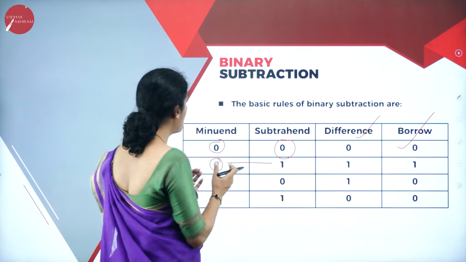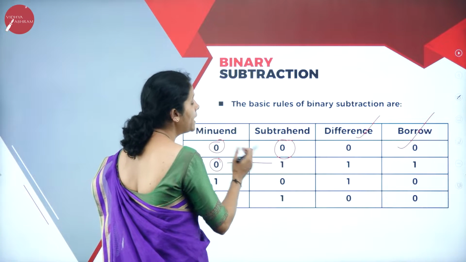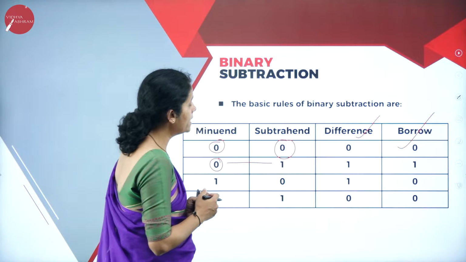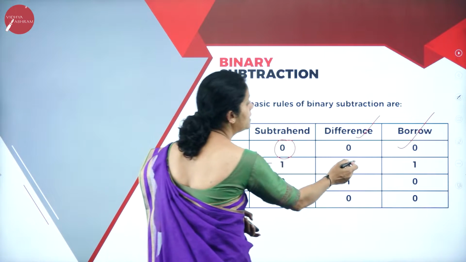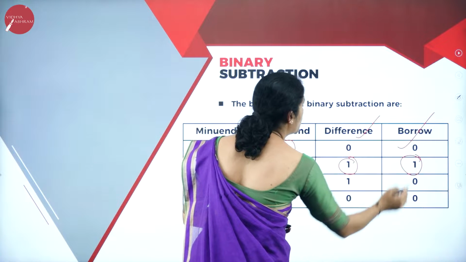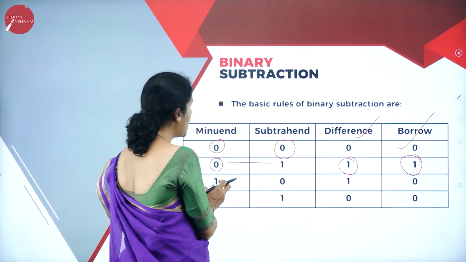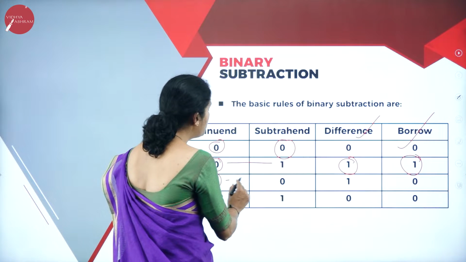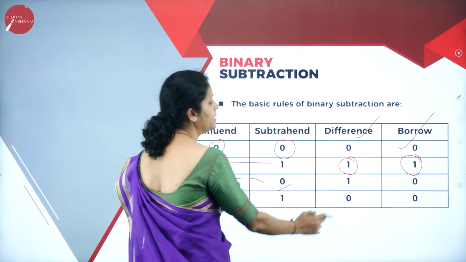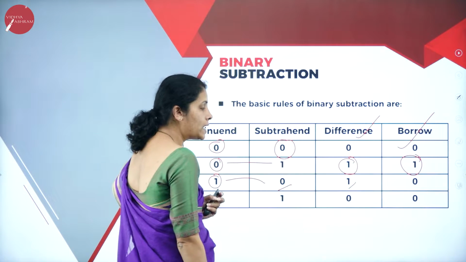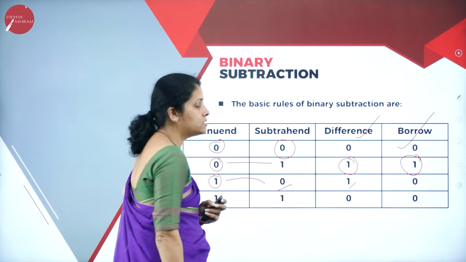Here I'm having 0 minus 1, then the difference is 1 and the borrow is 1. Here 1 minus 0, difference is 1, borrow is 0.